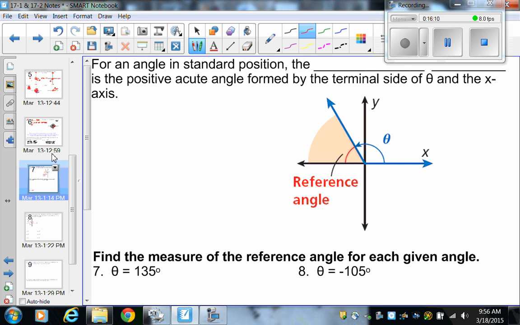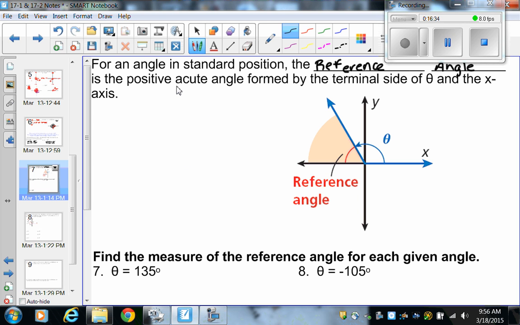We have one more type of angle, and that is what we call the reference angle. So it says, for any angle in standard position, the reference angle is the positive acute angle formed by the terminal side of theta and the x-axis.